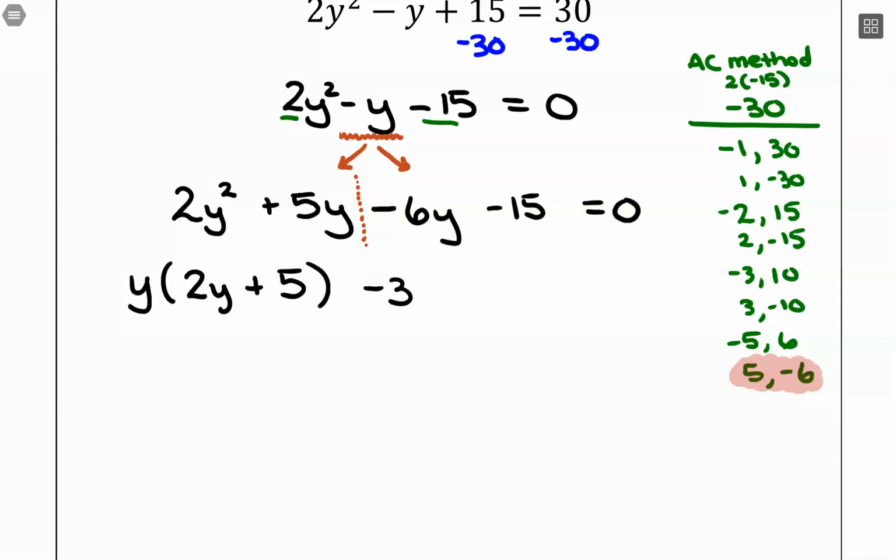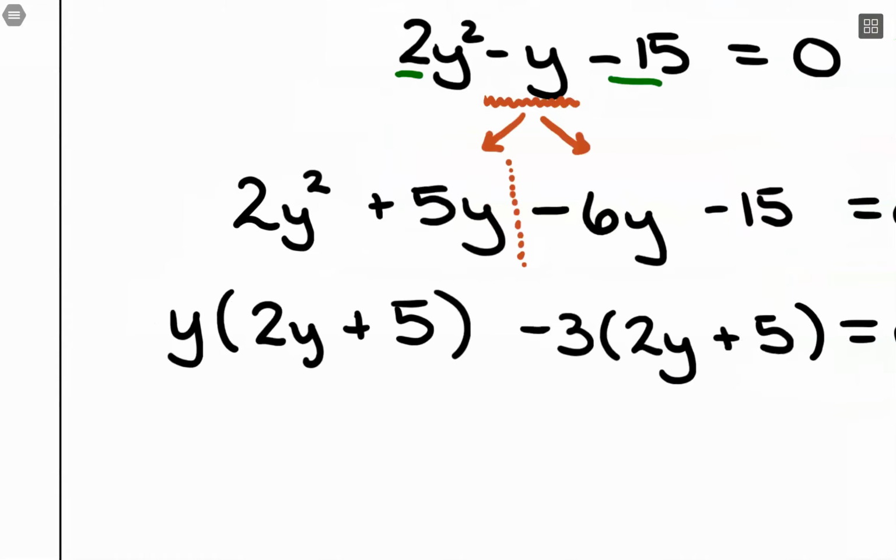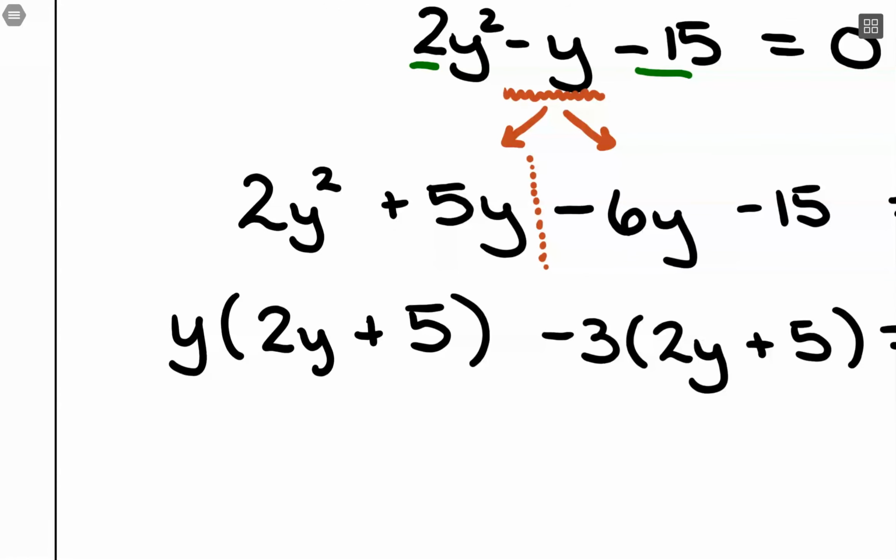So I'll have negative 3, which leaves me with positive 2y, positive 5, all equals 0. To help visualize this, on the left-hand side I'm dividing y out of each term, and on the right-hand side I'm dividing by negative 3 for both of those.